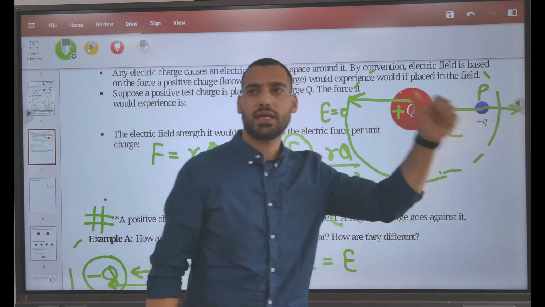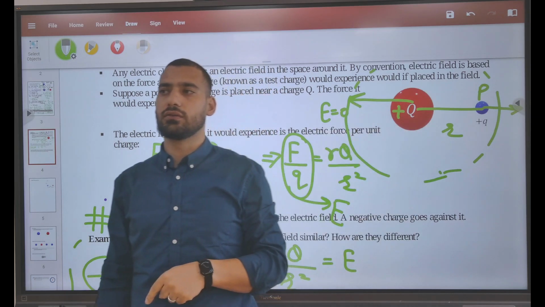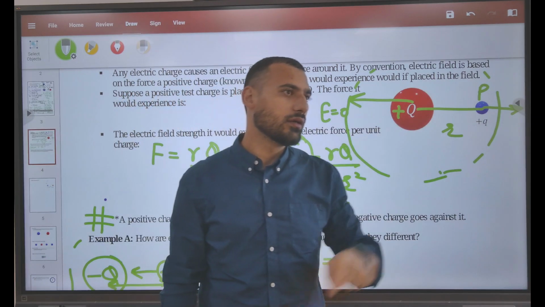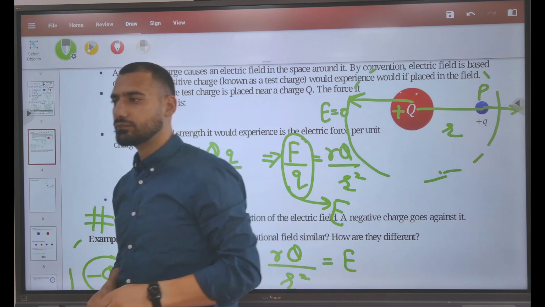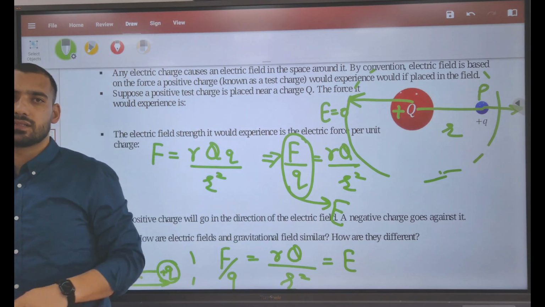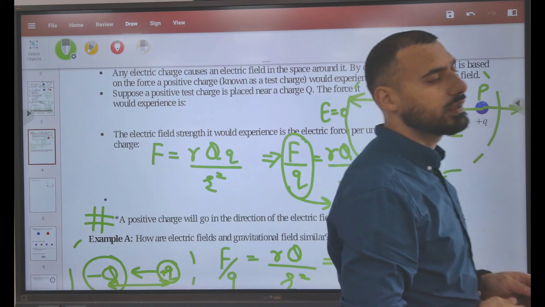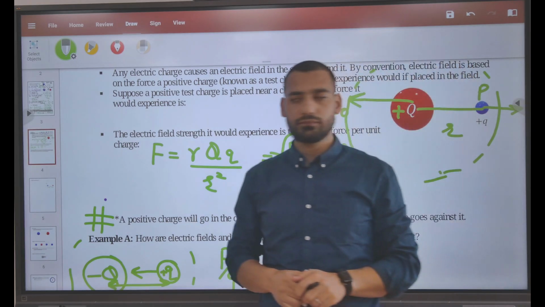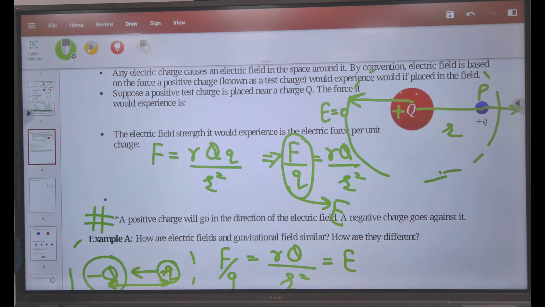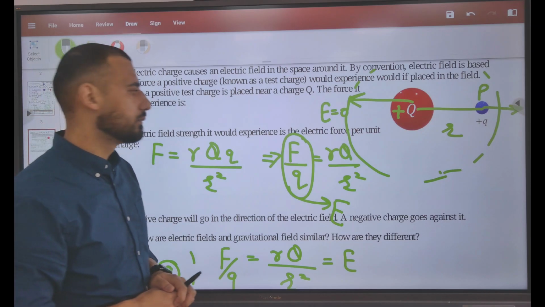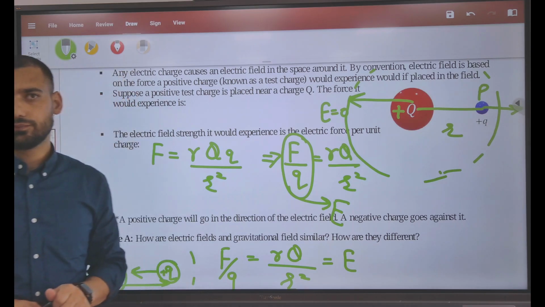Okay? For a negative charge, electric field is inside. Why? Because the force is attractive. Okay? For a positive charge, electric field is away, while for a negative charge, it is towards the charge. Okay? Fine?